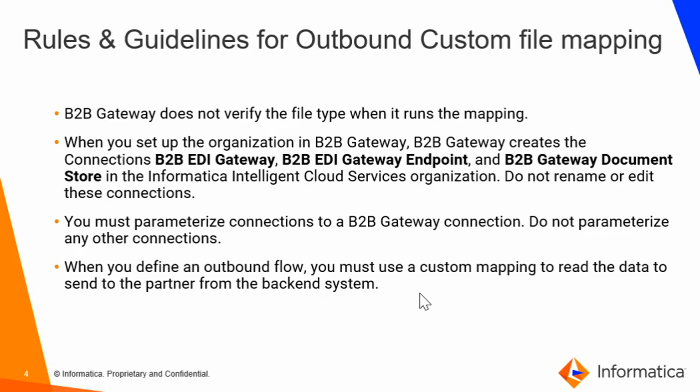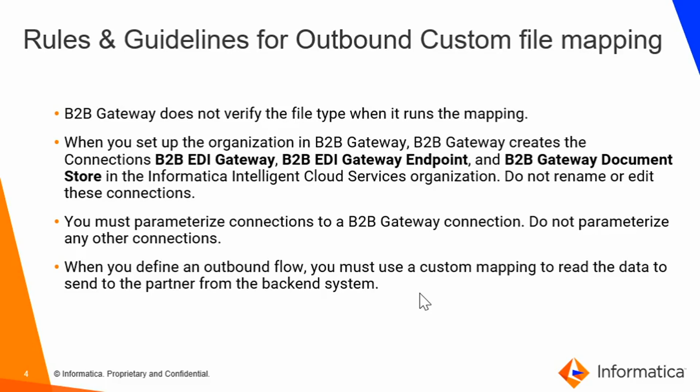Once you go to that administrator connection part, you will be able to see the B2B EDI Gateway, endpoint, and document store. These three connections are available. Document store is a flat file connection. Informatica suggests not to rename or edit these connections at any cost.